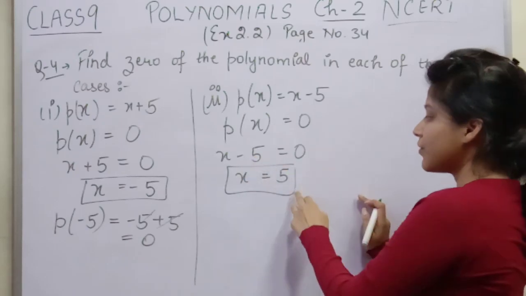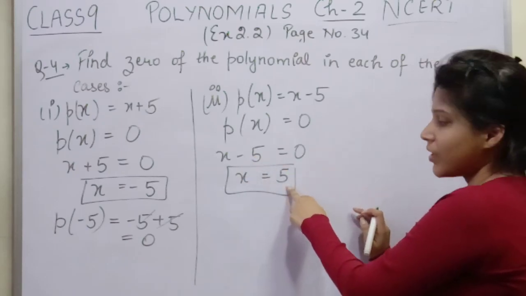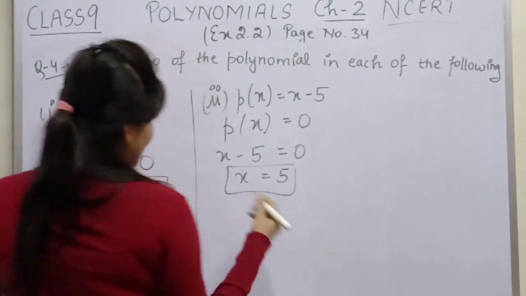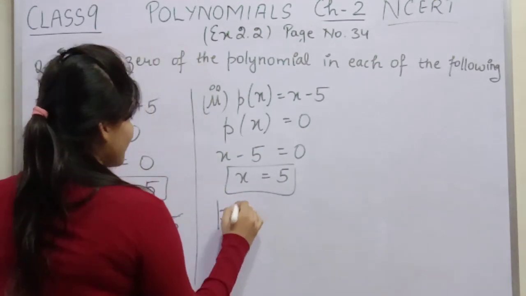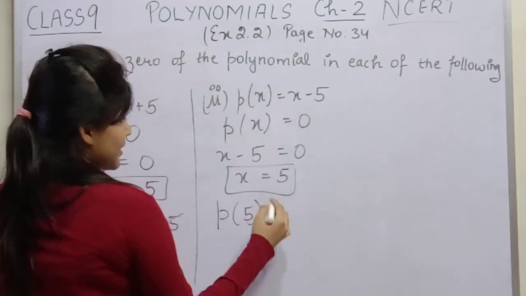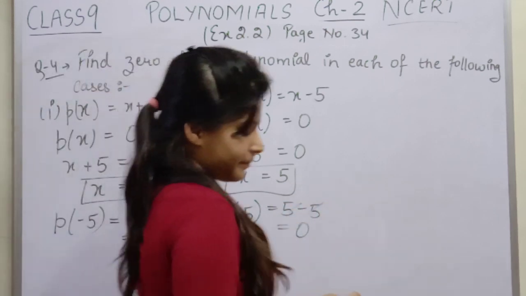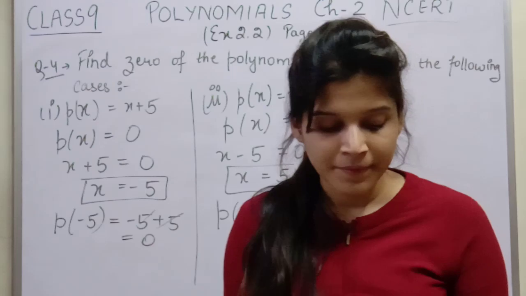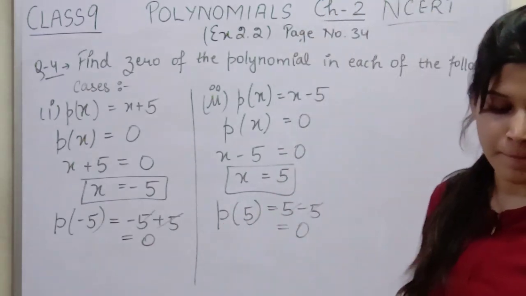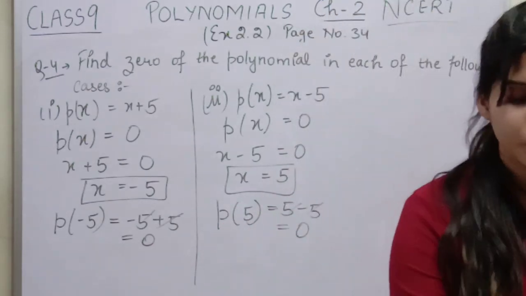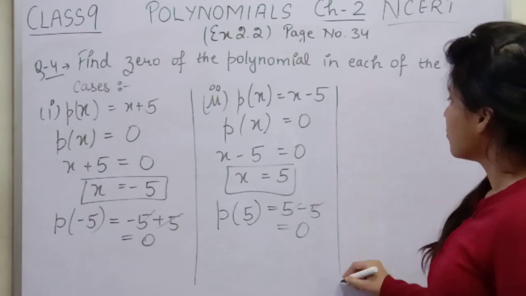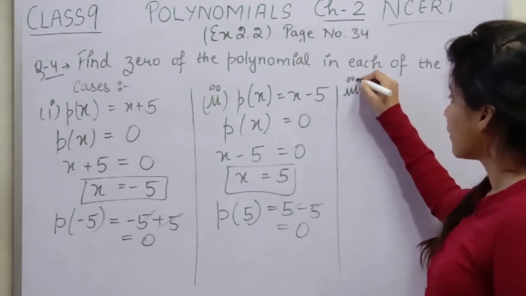When we transpose it, it will become positive 5. So again we can check this by putting the value of x as 5 in this. So 5 minus 5, which is 0 again. I hope I am clear. Right? Coming to the third part.